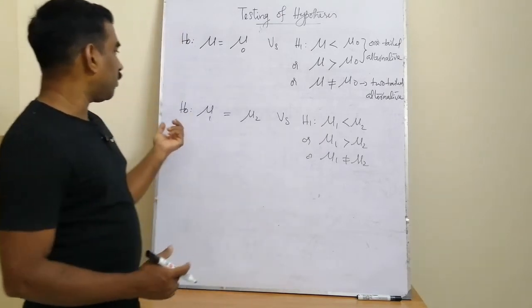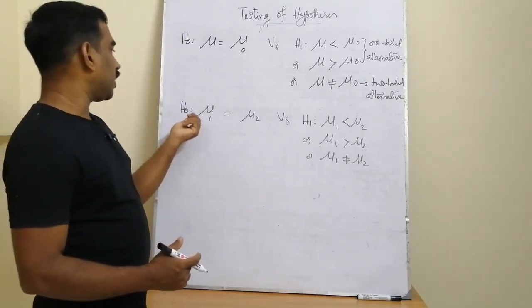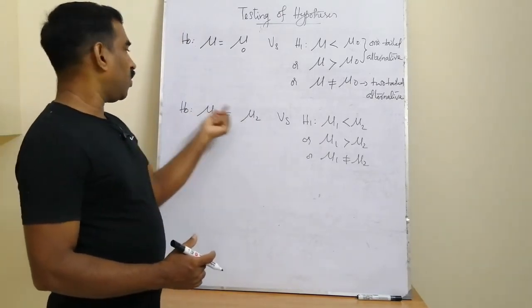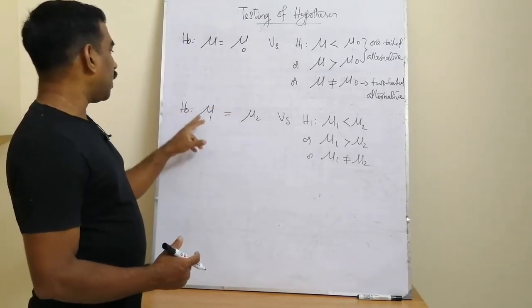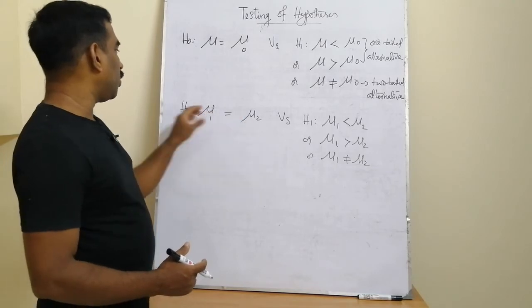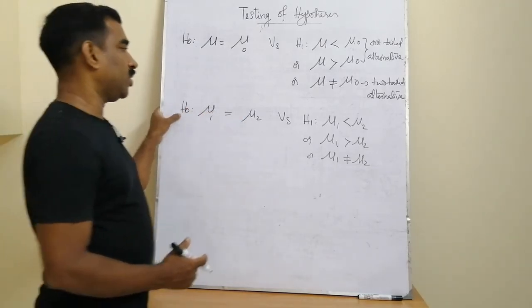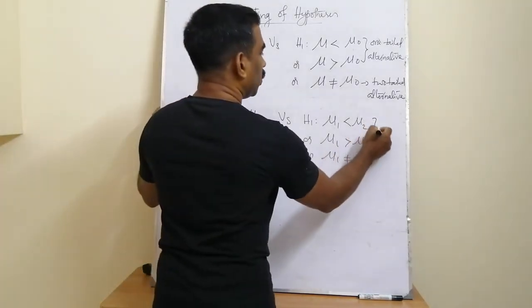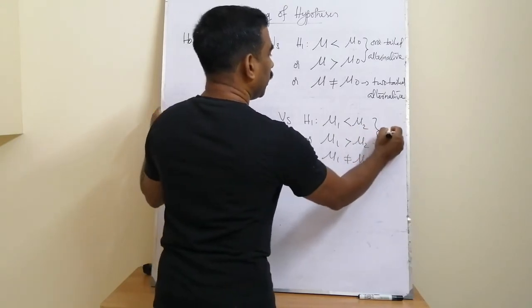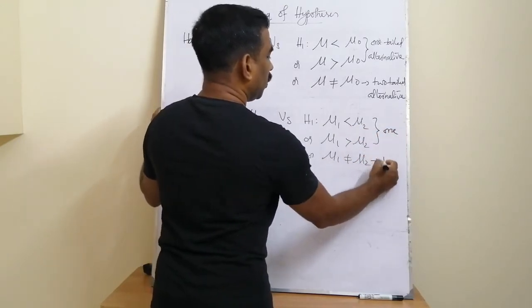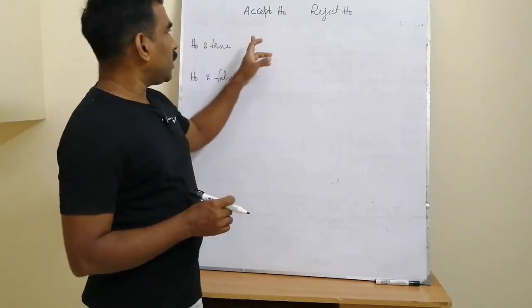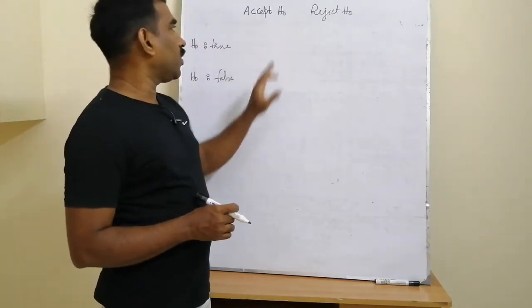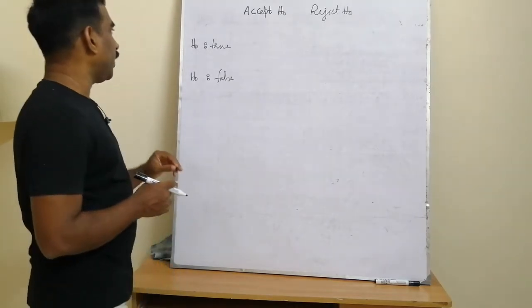We are drawing two samples from two populations with sample sizes n1 and n2. If mu1 and mu2 are their respective population parameters, we are equating that mu1 equals mu2 and take it as the null hypothesis. And in this case also, the first two are called one-tailed and the second one is called a two-tailed alternative.